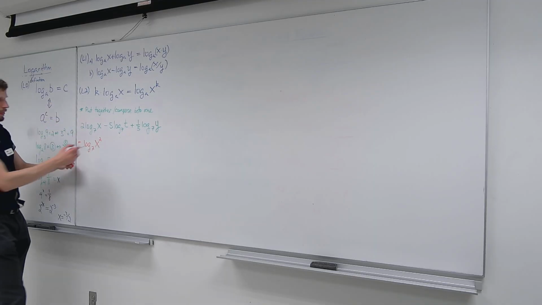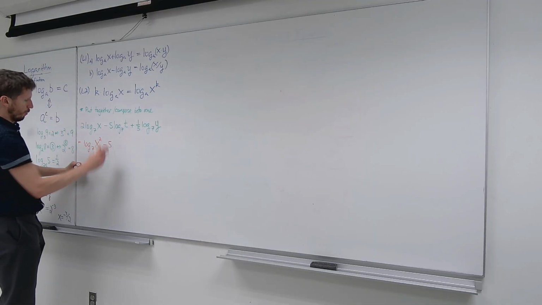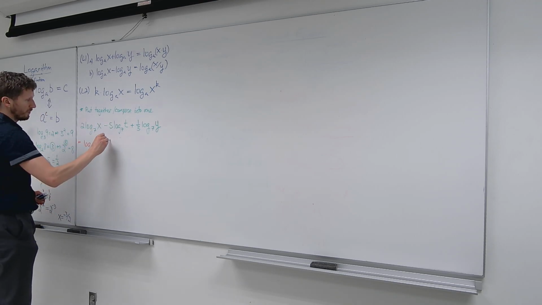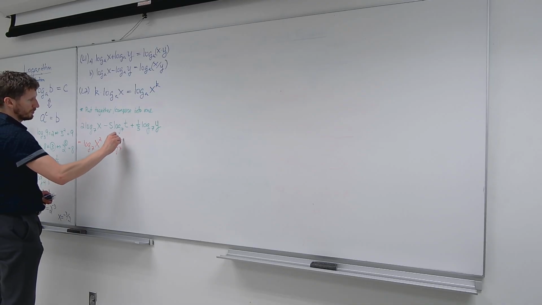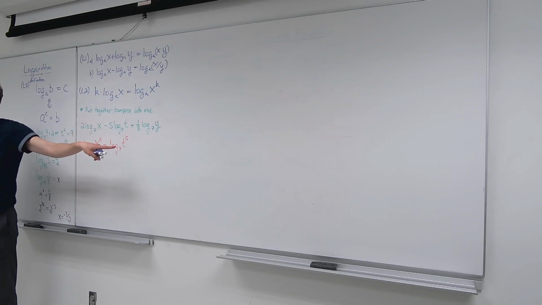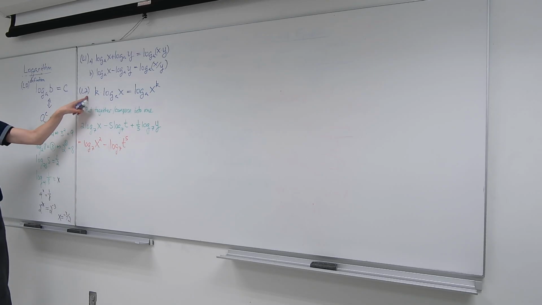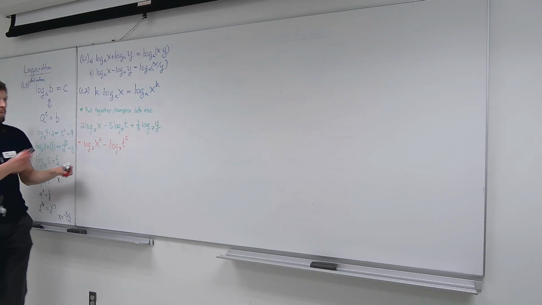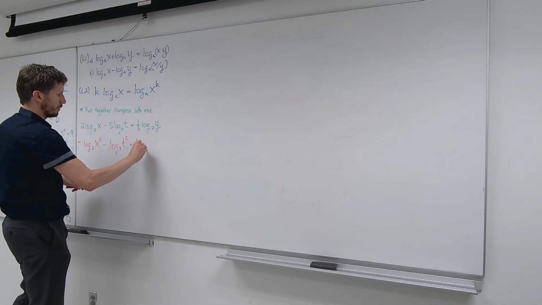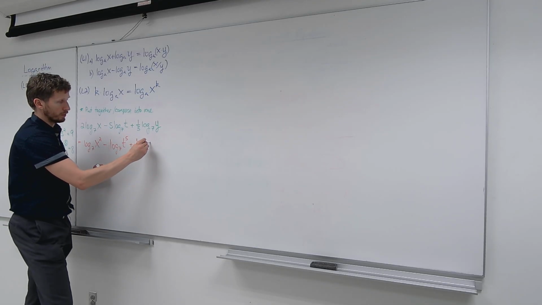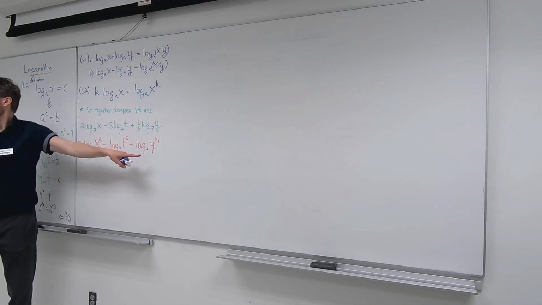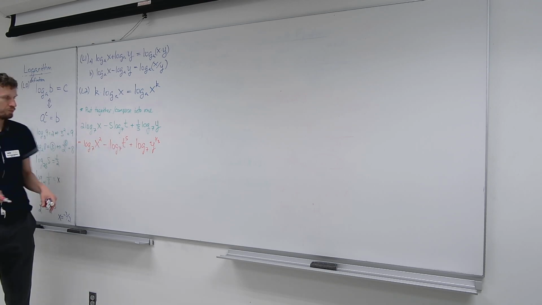What about this one? Minus 5, what do we do with 5? We bring it up there. So minus log 7 of t to the power 5. The 5 comes here. Why can we do that? Property L2. What else? Plus, what did we do here? Log 7, y to the what power? 1/3. Now, everyone knows that's the cube root, right? So, cube root.